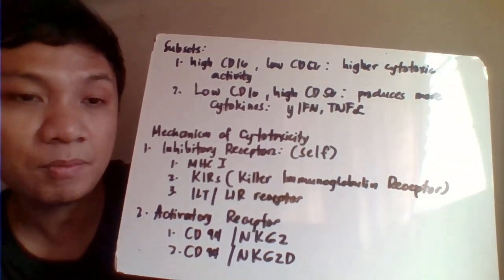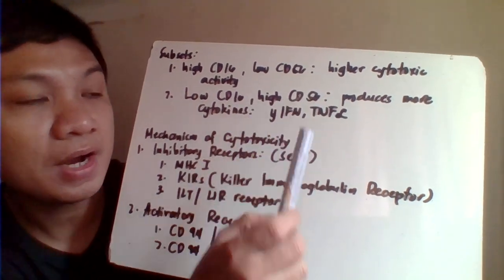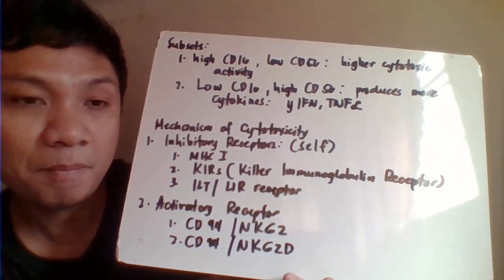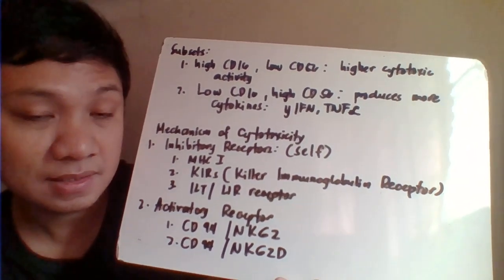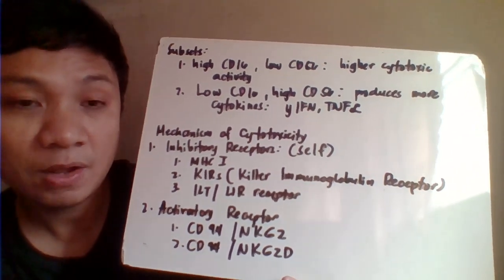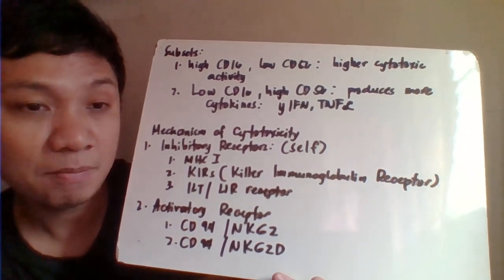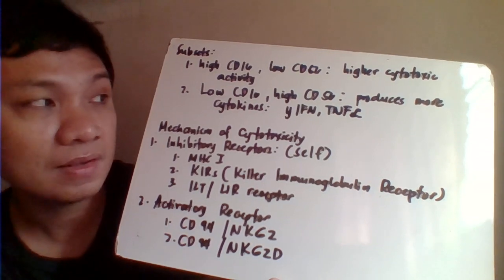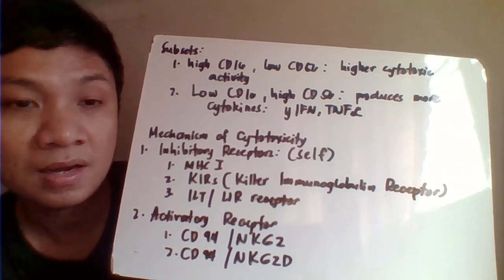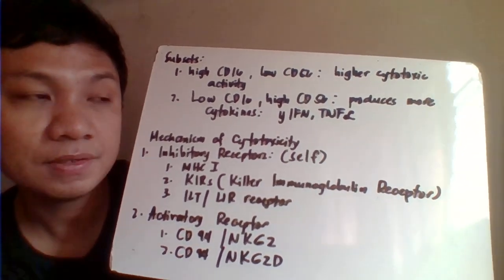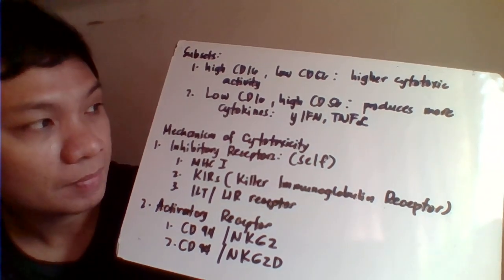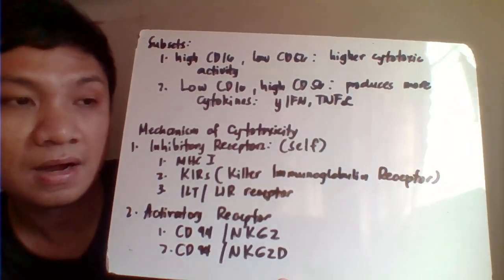On the other hand, the population with a higher CD56 marker compared with CD16 are the NK that primarily produce more cytokines, for example your gamma interferon and your tumor necrosis factor beta, tumor necrosis factor alpha.